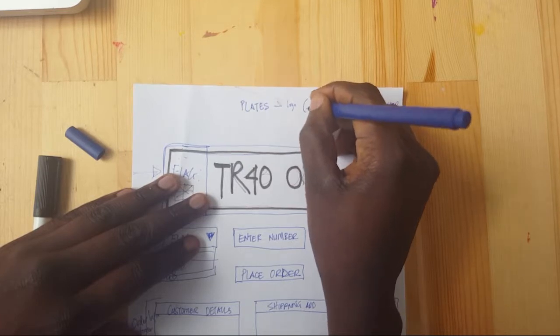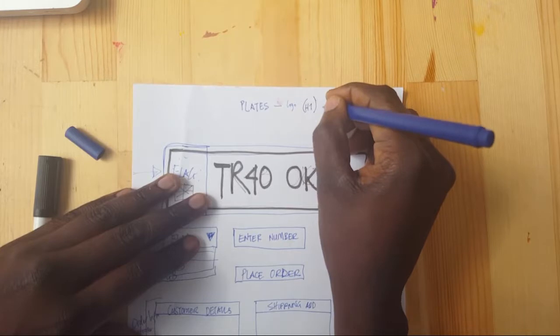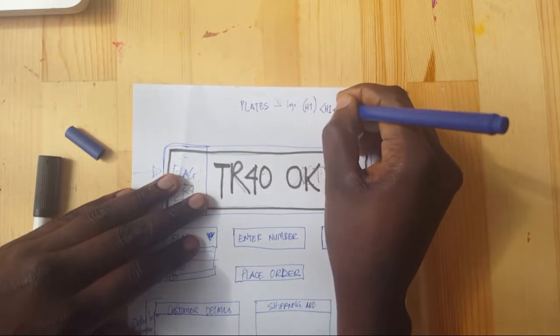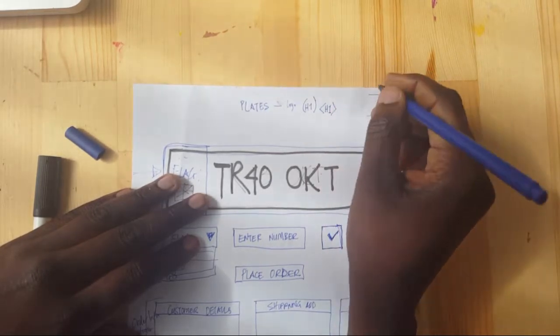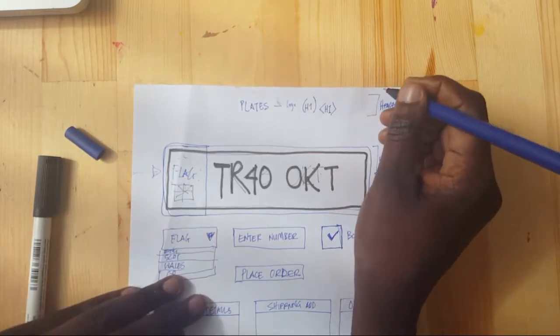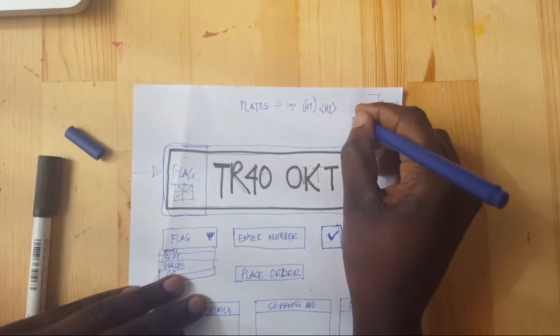In the HTML language, this would be an H1, which is a title. An H tag is a title tag, H1, like that, and we have H1 until H6. And then what wraps it around is called a header tag.